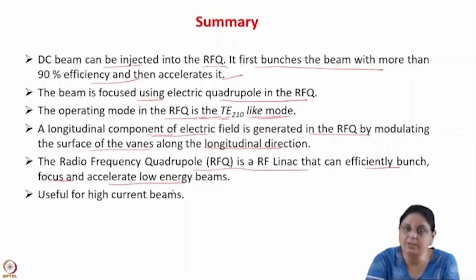So it does all the three functions. It bunches the beam, it focuses the beam, and it can accelerate the beam at low energies. So it is particularly useful for high current beams because the quadrupole focusing in the RFQ is there throughout the length of the RFQ. So it's particularly useful for focusing high current beams where space charge effects are high.